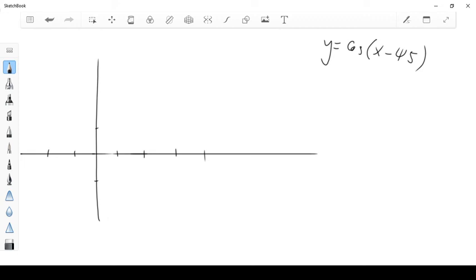Now what that means is we are shifting a cosine function to the right by 45 degrees. So let's go ahead and draw in our initial cosine function, which will look like this.